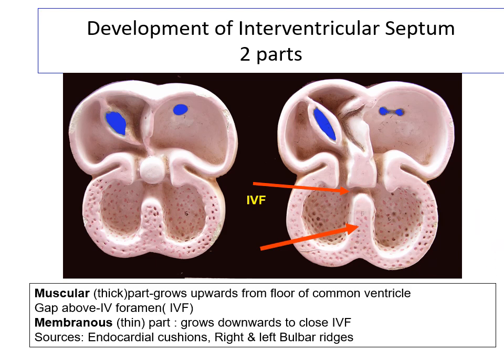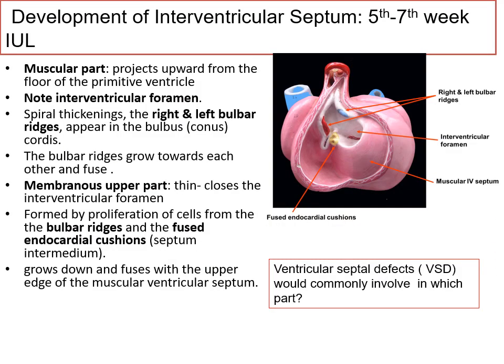So let's see it in steps again. This is another model of the heart, as if the right ventricle is opened up. So imagine this is the common ventricle getting partitioned. This is the muscular part of the interventricular septum growing upwards from the floor of the common ventricle.